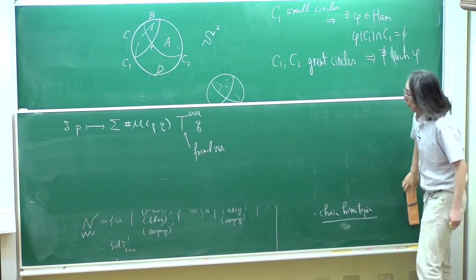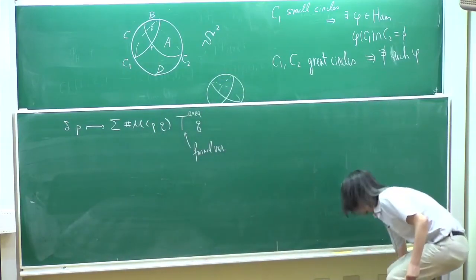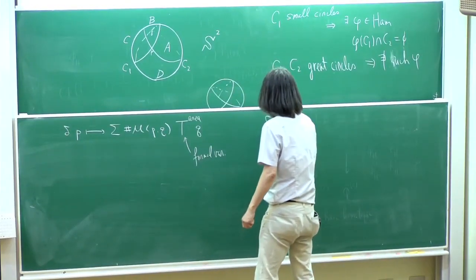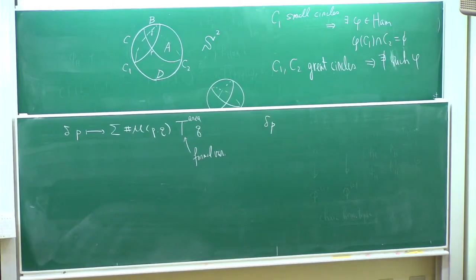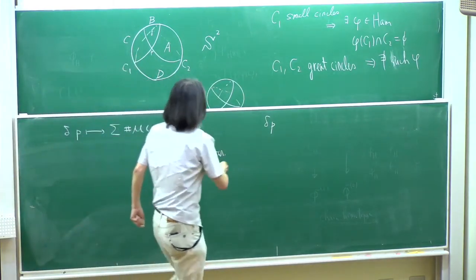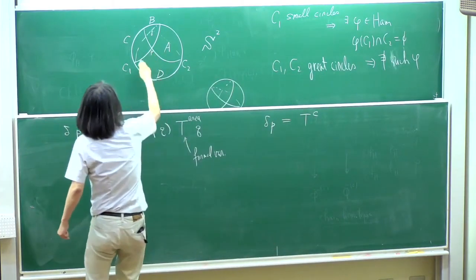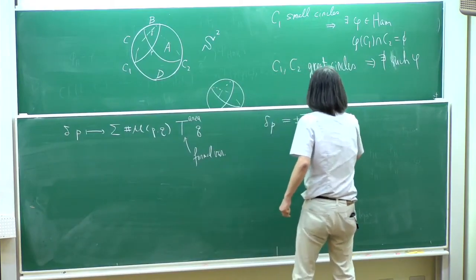If I put it in this way, what happens? So in this case, delta of P, I look at this: maybe this C, T^C of Q. Maybe I need some sign, but anyway.